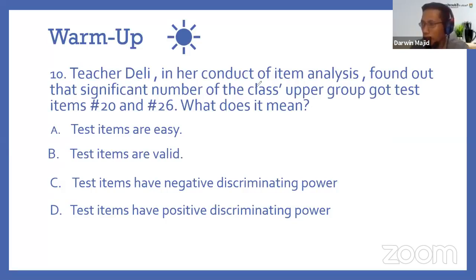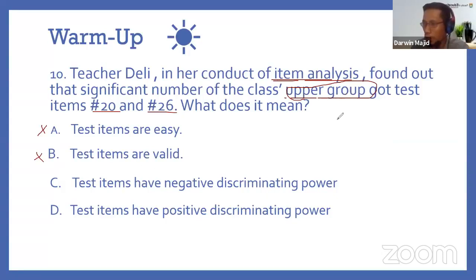So again, this is about item analysis. When we encounter a question about item analysis, right away look for what is being defined. We can see here that it is the upper group that performed well on 2 items. Since this is talking about discrimination, what would be the answer?